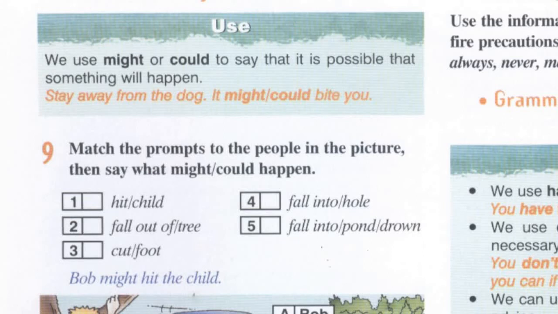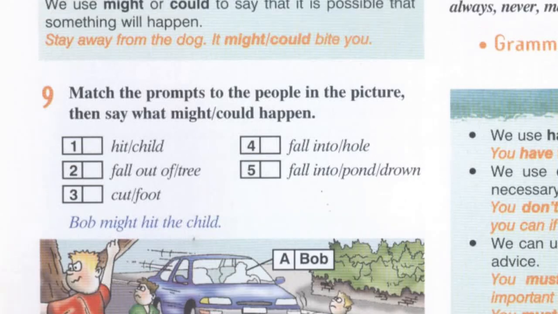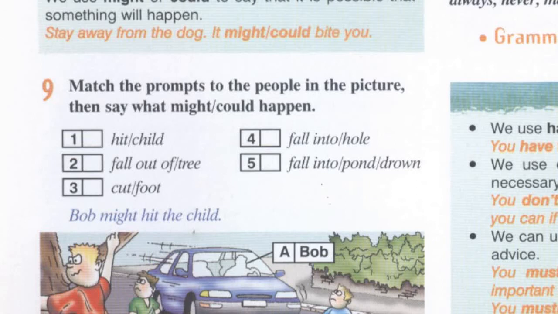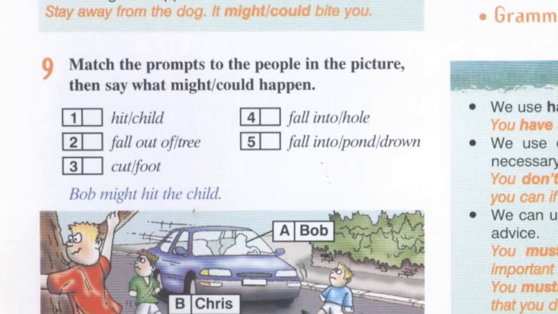You can use both of them many times at least in the same occasion. Okay, so let's move to exercise number 9, and you're supposed to match the prompts to the people in the picture and say what might or could happen.